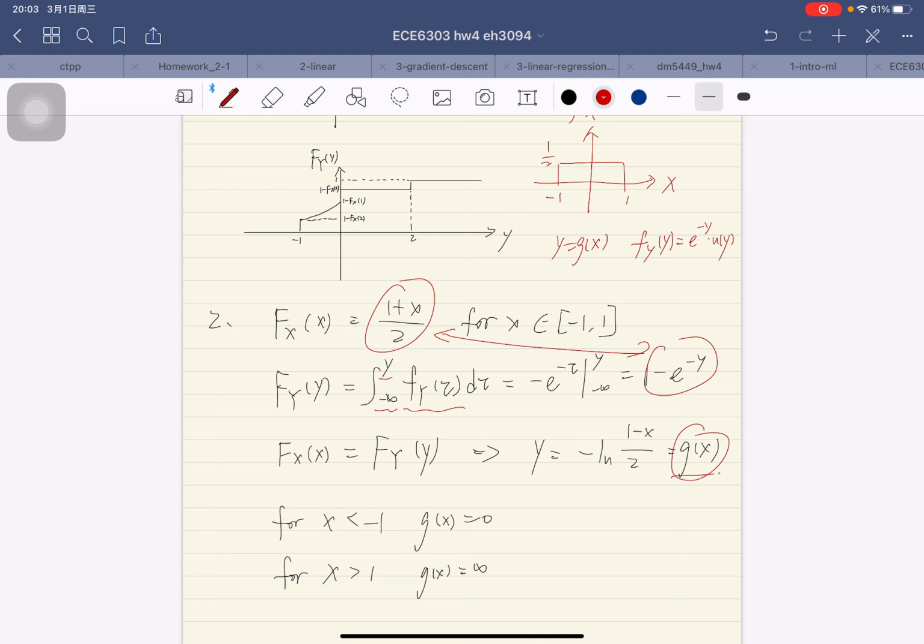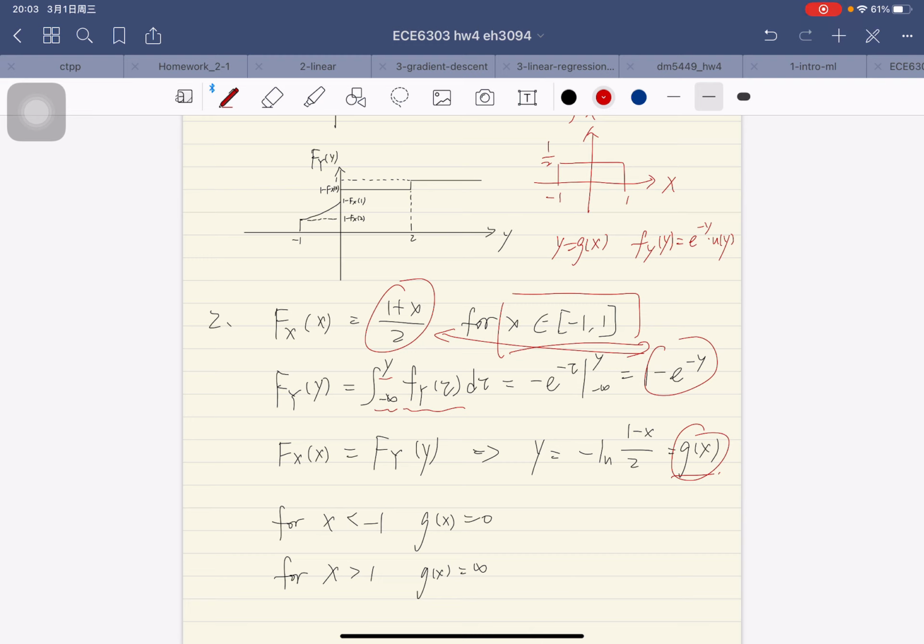But since we are talking about x in the interval from -1 to 1, what about the x which is less than -1 or greater than 1?